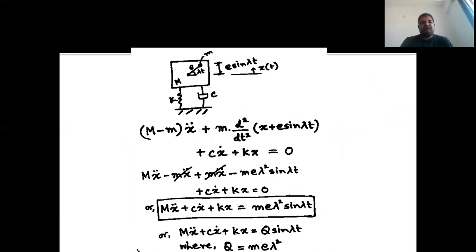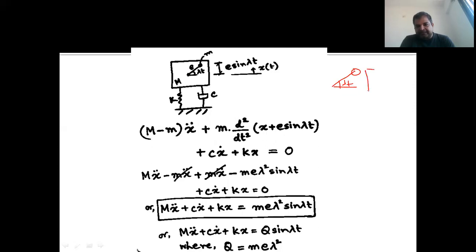Now let's see the free body diagram of this. If I draw the free body diagram, this will be K. This is the big block of mass M, which includes this small m. And this particular mass has a phase angle of lambda t. What will be this value?